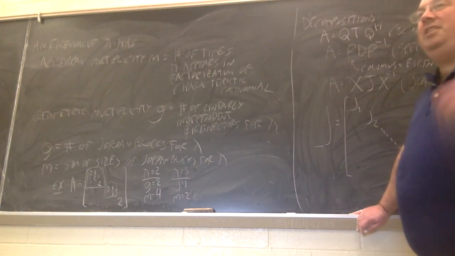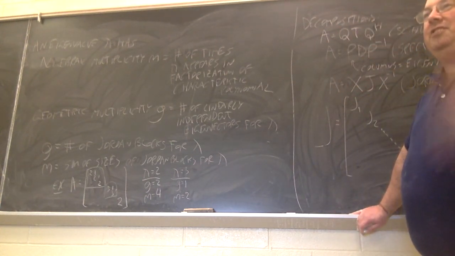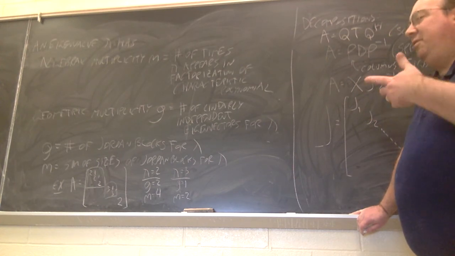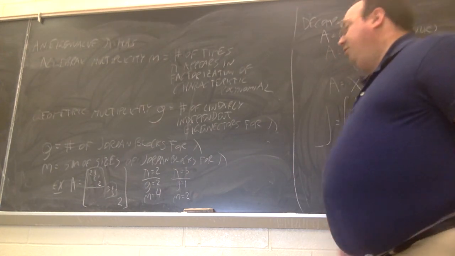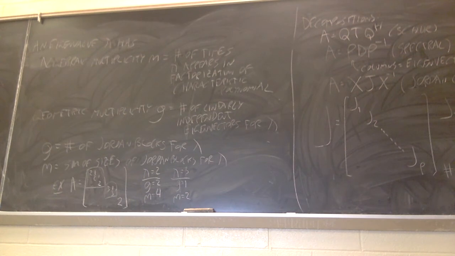Because it's a 6-by-6 matrix, you could have up to 6 linearly independent eigenvectors. This one only has 3. Yes, there are 3 linearly independent eigenvectors in total. So both distinct eigenvalues that you have, 2 and 3, are defective. Okay.